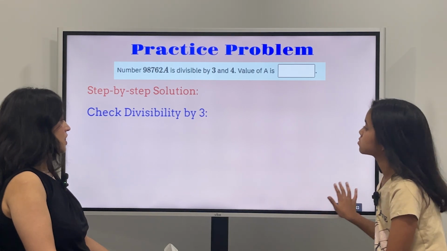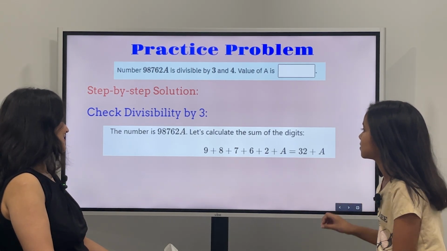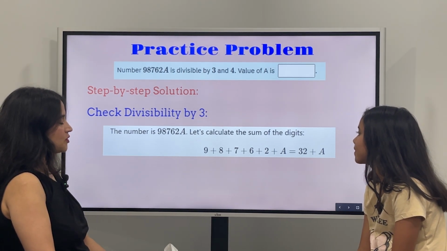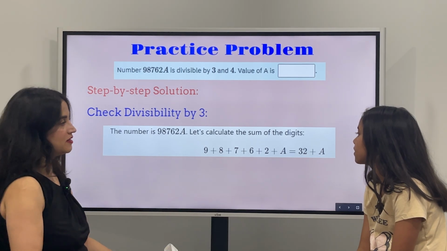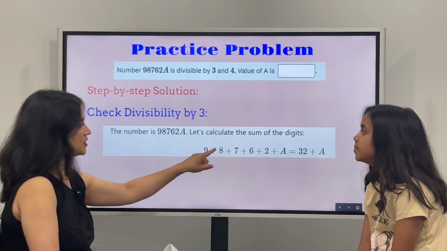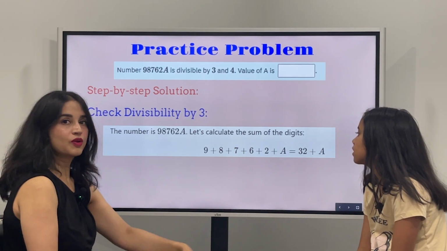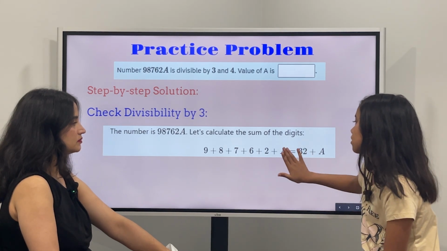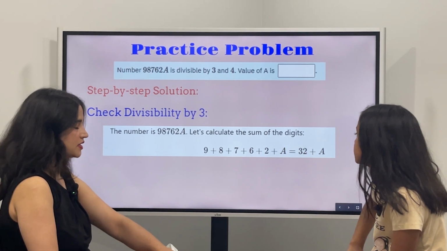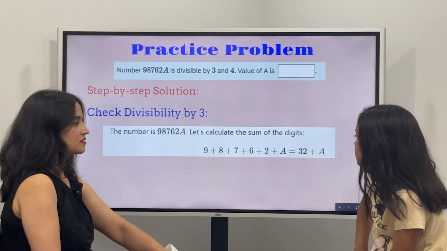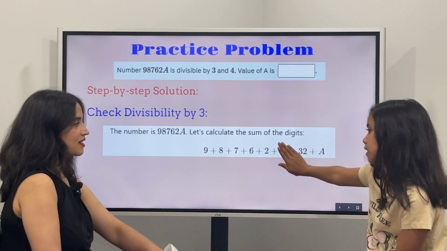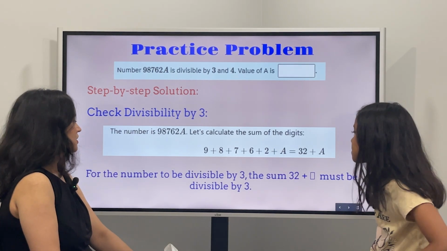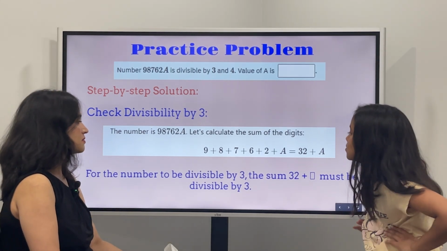First, check divisibility by 3. If you add all the digits, the sum will be 32 plus A. 9 plus 8 plus 7 plus 6 plus 2 is 32, not including the A. Now, what does the sum need to be to be divisible by 3?